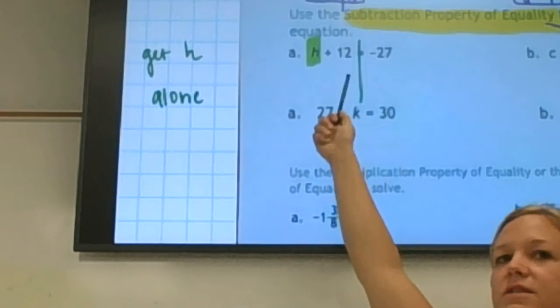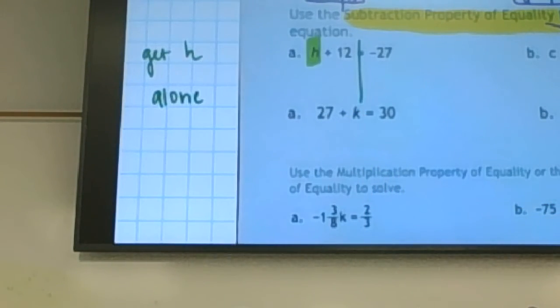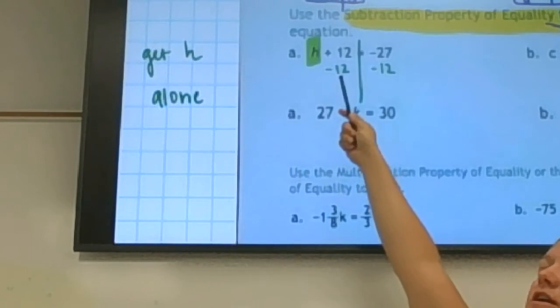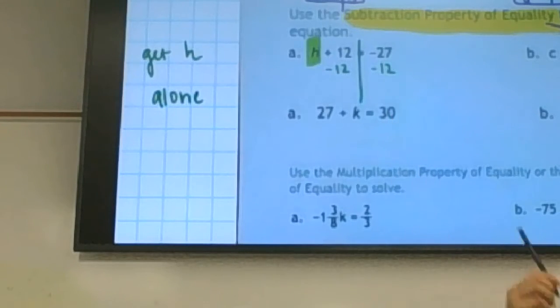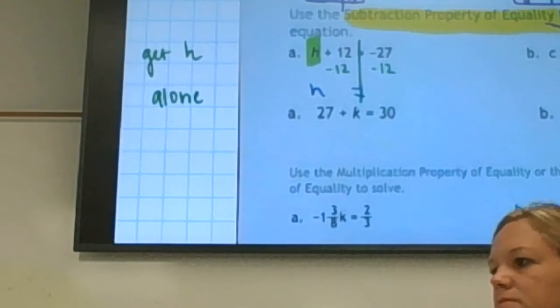So if I don't want that 12 there, I'm going to cancel it by doing a minus 12. And if I minus 12 here, I also minus 12 on the other side. That's the property of equality. The 12s are gone. What's negative 27 take away 12? Somebody else.